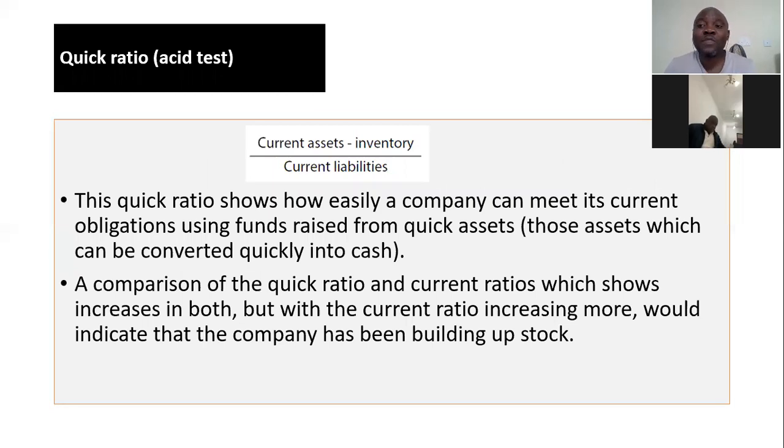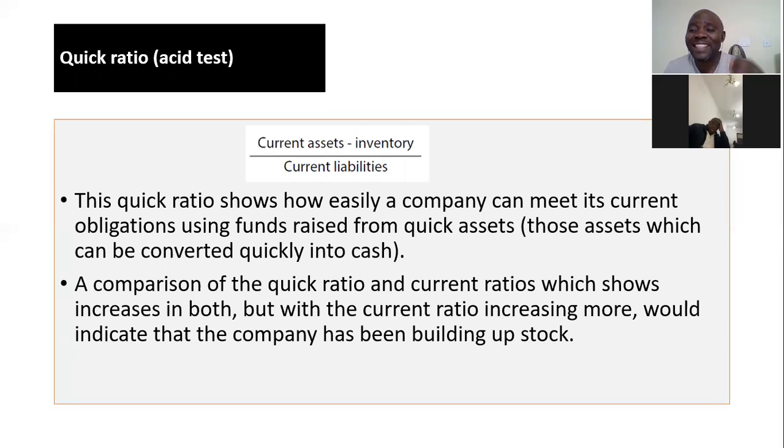Under this, you have convinced yourself that inventory is not easily convertible into liquidity, so you remove it. You believe that receivables are more easily convertible into liquidity than inventory. If it's vice versa, there's no harm in having current assets less receivables. If from your analysis as a company, you have discovered that inventory is easier to convert into cash than receivables, then you can change the formula.